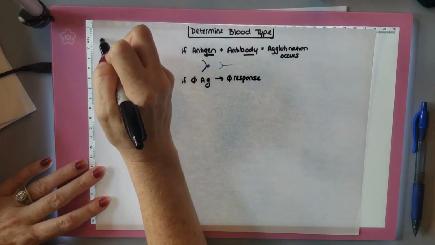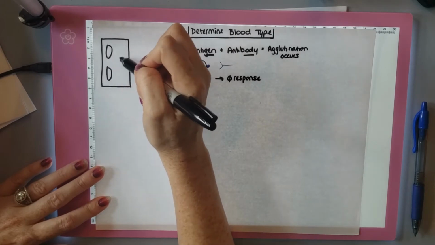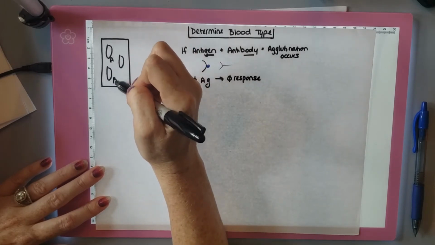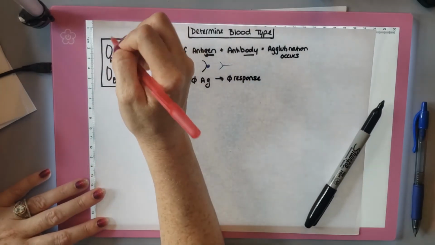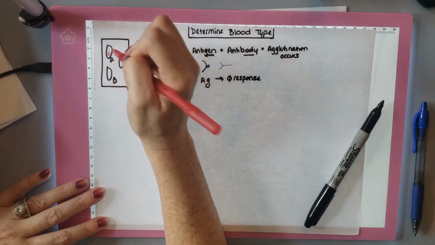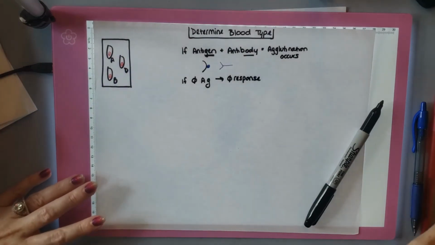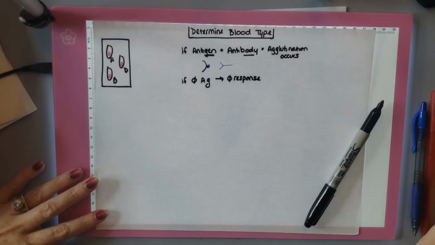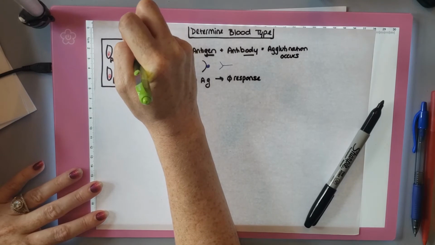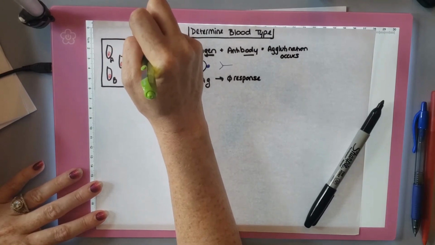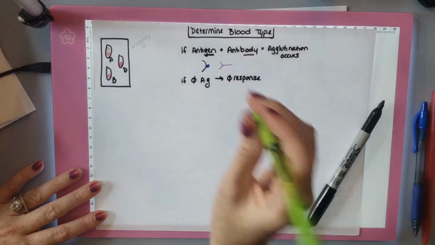So what we're going to do is take vials. This would be A, this would be B, and this would be D, which is that Rh. We're going to take a drop of blood, drop it in, drop it in, drop it in. Then we're going to take antibody A and drop it in here.